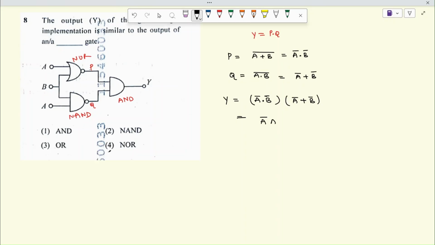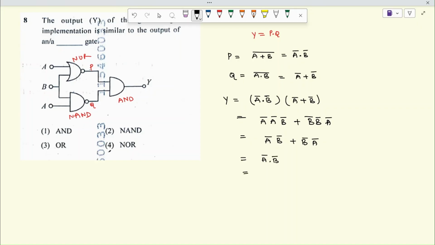A naught into b naught plus b naught into a naught, which is nothing but a into a is a. So a naught into b naught plus b naught into a naught. Both are the same, so you can write it as a naught into b naught.